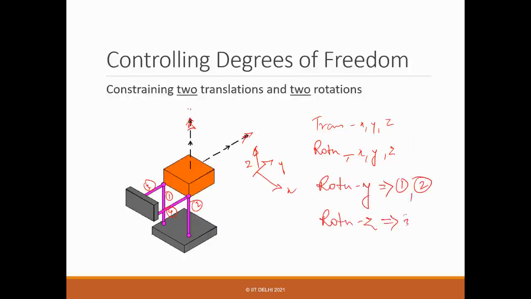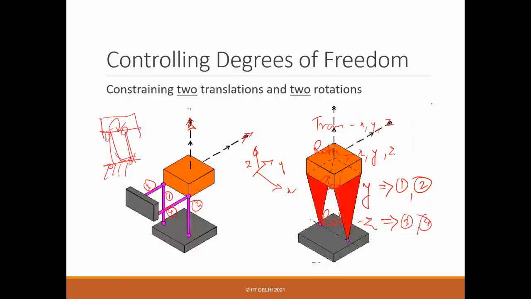By 3 and 4, because 3 and 4 are a pair, they will not allow it to rotate, right? For the y direction it's easy to see, it's a pair, so they will not allow it to rotate. It's a constraint. Likewise, I will ask you to do different kinds of things. Again, it's in plane, so 2 and 4, 1 and 3, and then equivalently you can convert into this kind of sheet flexures embodiment.